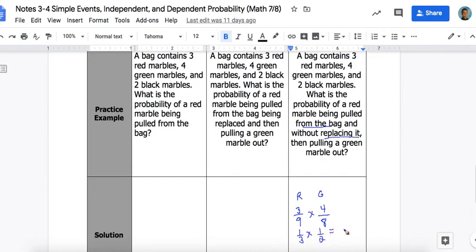Now multiply the numerators. 1 times 1 is 1, and 3 times 2 is 6. So the probability of picking a red and then a green would happen 1/6 of the time. So in other words, if I did this experiment 6 times, I would get a red first, then a green, 1 out of 6 times.